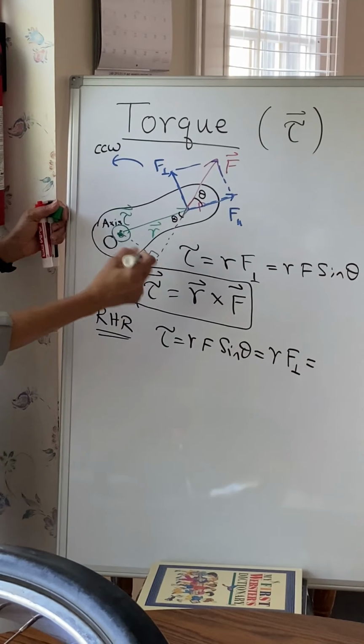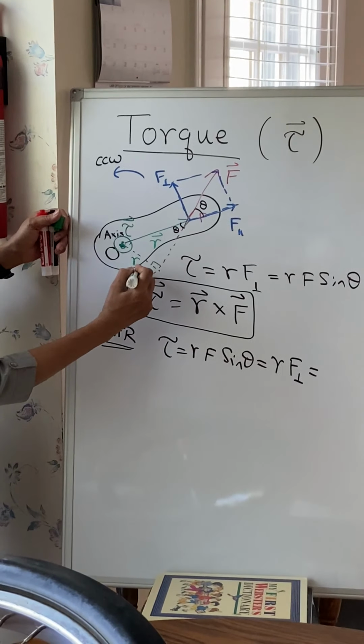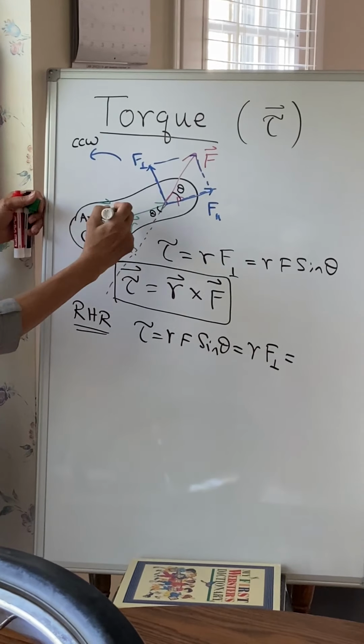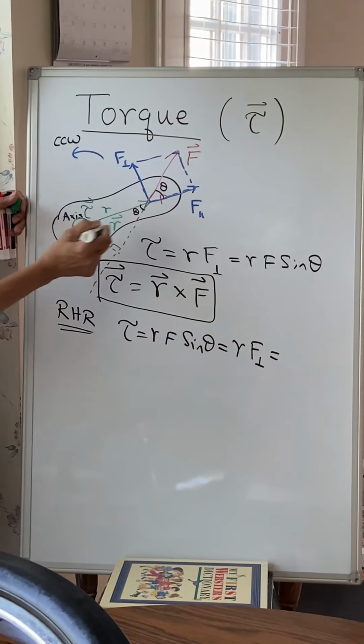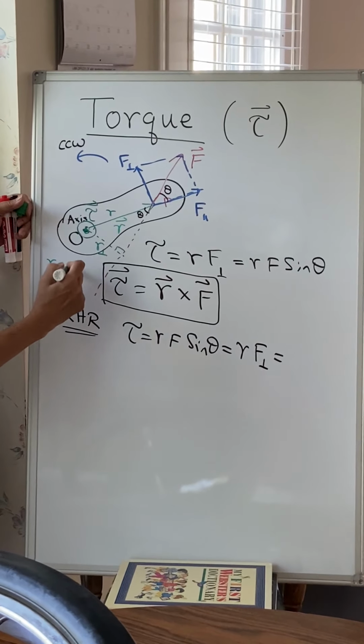This is called the perpendicular distance of the force from the axis. So I'll call it R perpendicular, you see. And R perpendicular is nothing but R sine theta. This is the R, the hypotenuse. This is the opposite side. So R perpendicular is R sine theta.